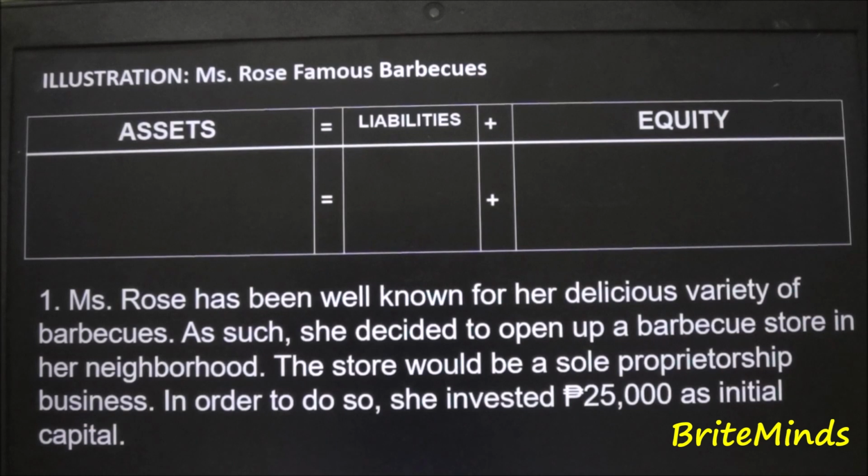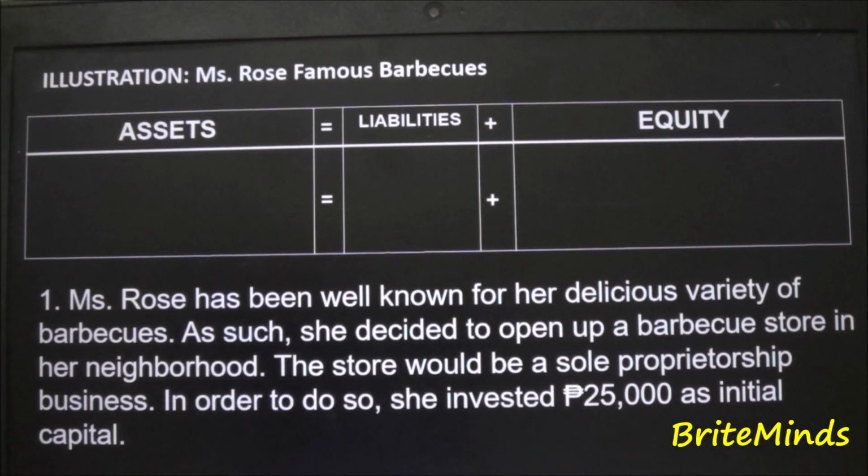I have here an illustration of the expanded accounting equation for us to analyze, and our illustration is about Miss Rose's famous barbecues. I will read the first transaction. Miss Rose has been well known for her delicious variety of barbecues.